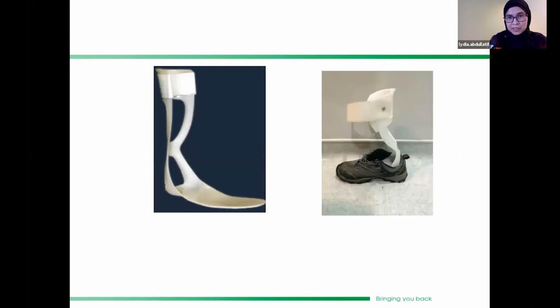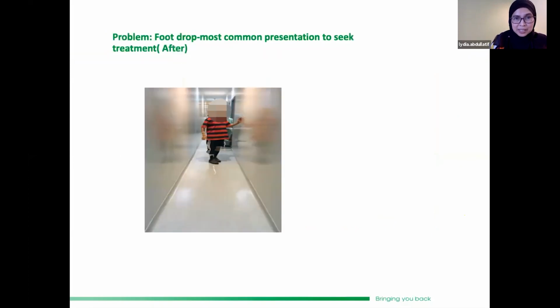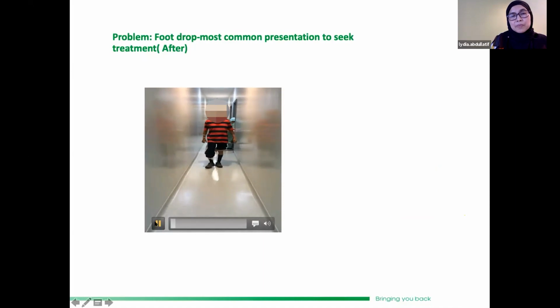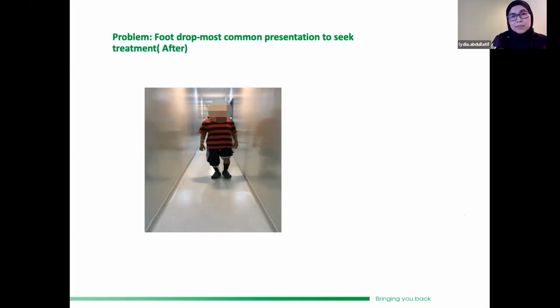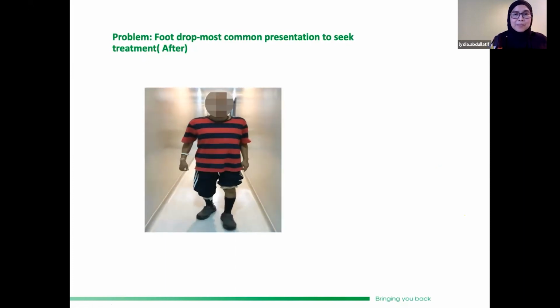The exercise and everything. We have to prescribe him an ankle foot orthosis. The ankle foot orthosis will help to neutralize the ankle joint. So we can see him walking with the AFO. You can see that his gait is more stable.